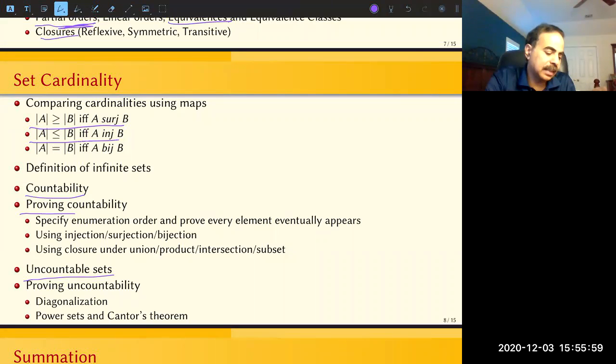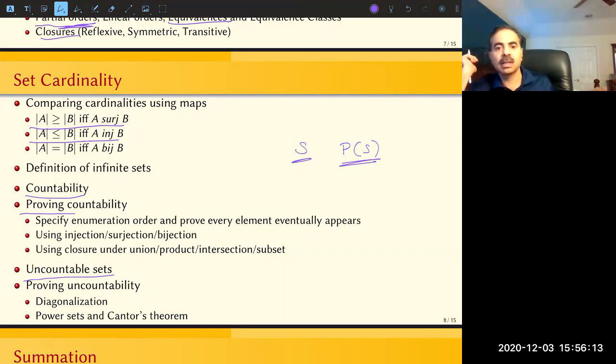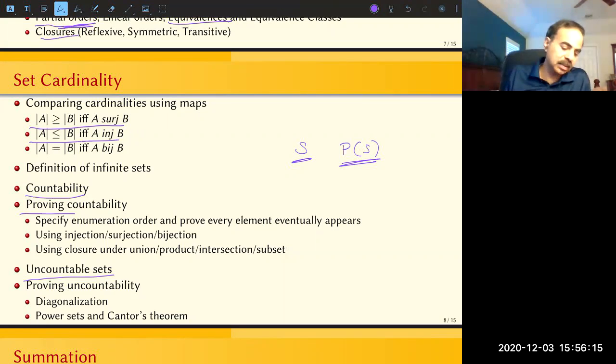And we showed that if you take any set S and you take the power set of S, the power set of S always has more elements than S. And that gives us a way to construct larger and larger and larger sets.